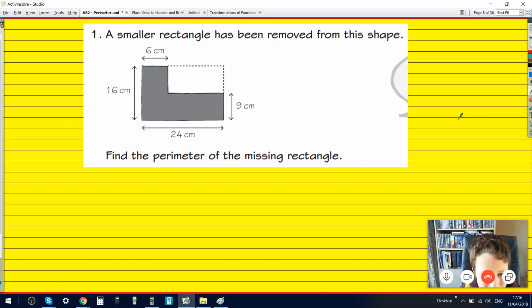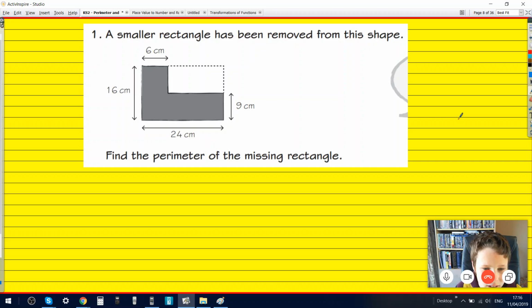And we got 9 centimeters, 24 centimeters, 16 centimeters, and 6 centimeters. But the trouble is, one part of the shape has been removed, and there's the dotted lines to show us where it should go.